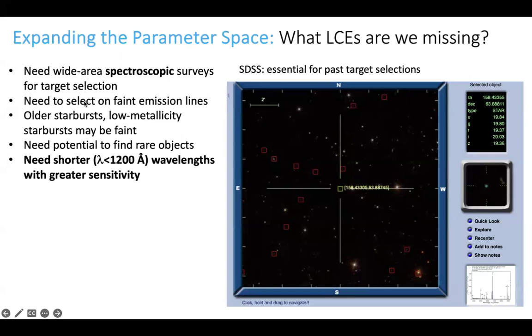And so being able to actually measure Lyman continuum from those sources would be important. And then a wide area survey would be important also to allow us to find rare objects that might be better analogs of high redshift galaxies or probe parameter spaces that we don't typically get to access.